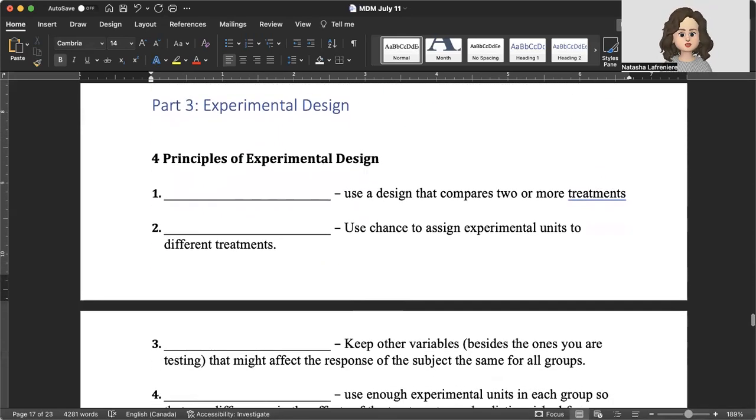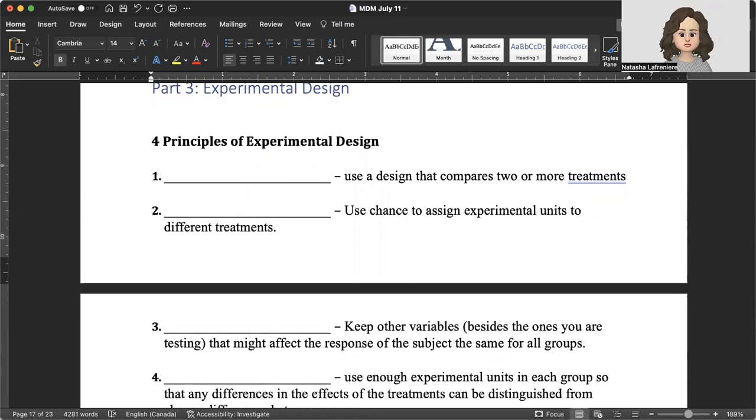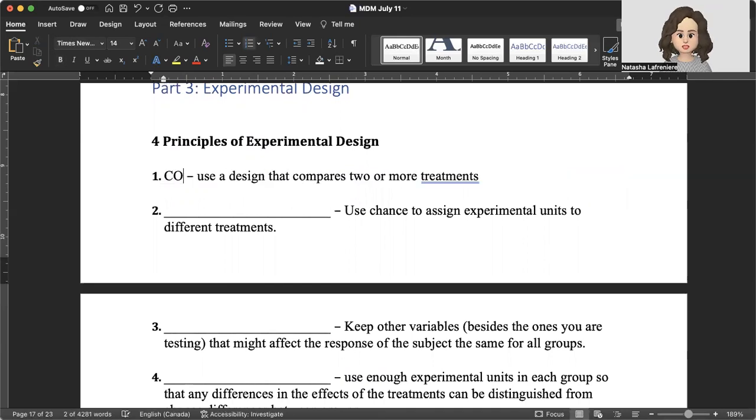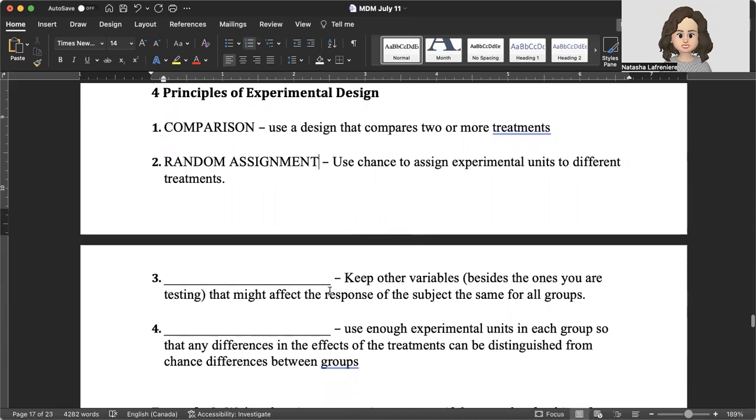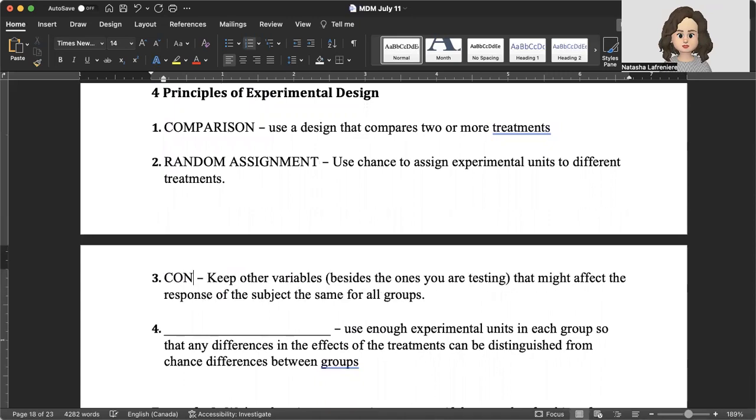So experimental design, we have 4 principles of experimental design. We have comparison, which is use a design that compares 2 treatments, such as the one above. We have random assignment, which uses chance to assign experimental units to different treatments. We have control.